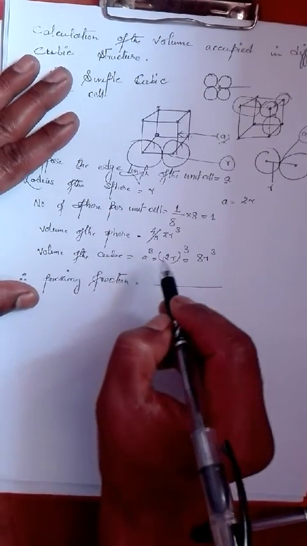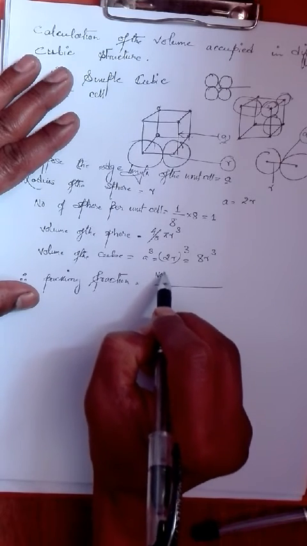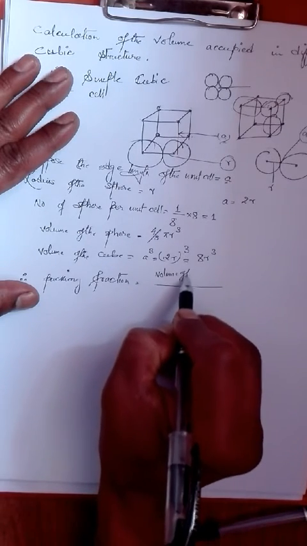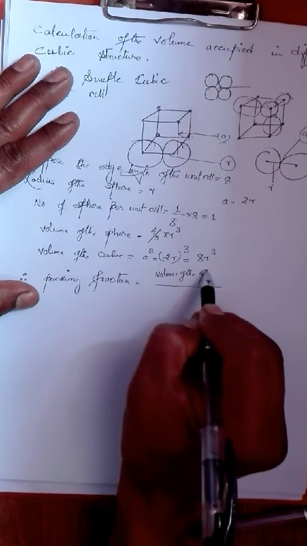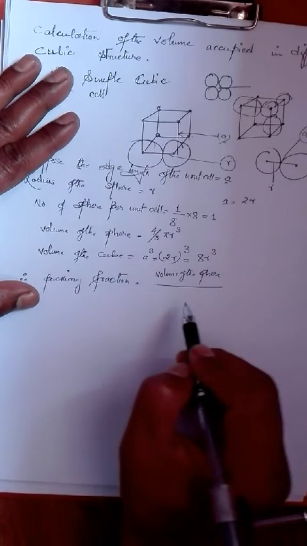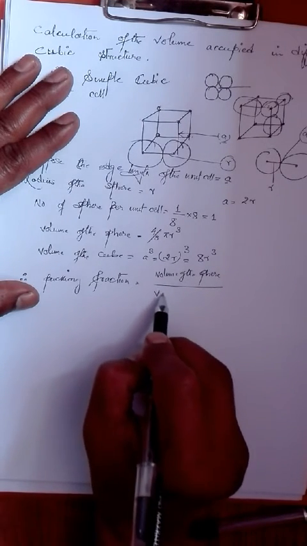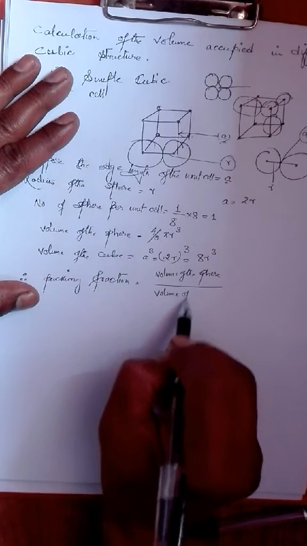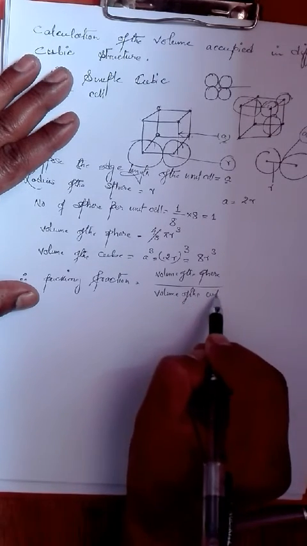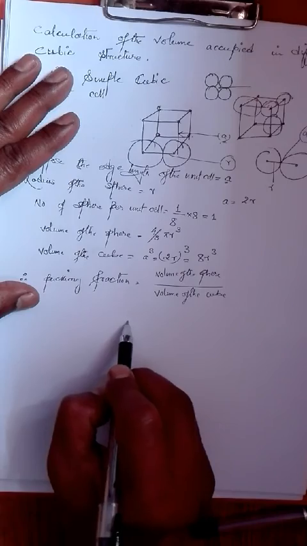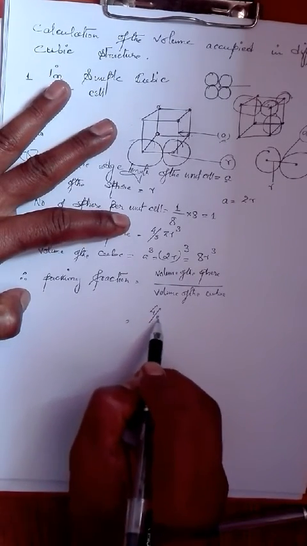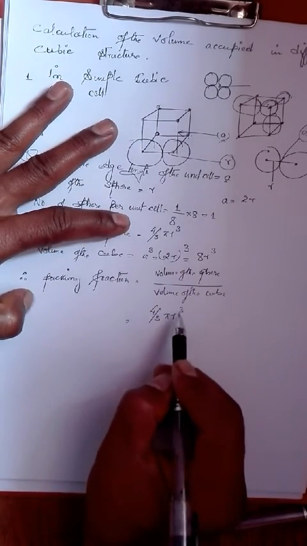The formula used here is equal to volume of the sphere divided by volume of the cube. Volume of the sphere, from the formula, is 4 by 3 pi r cube.